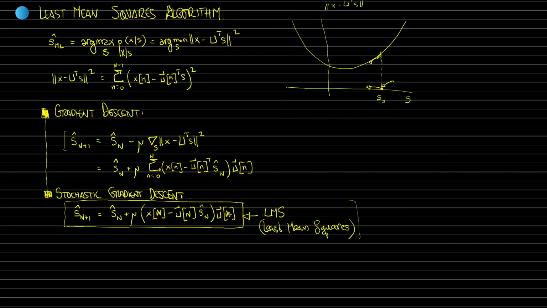This is capital M because we are using the vector at time n. The computational complexity of this algorithm is just linear with the dimension of vector u. It's proportional to the number of filter coefficients. And so this is the main advantage of these algorithms.